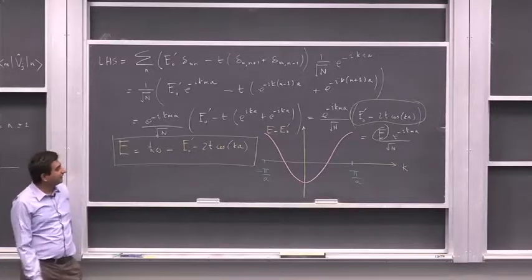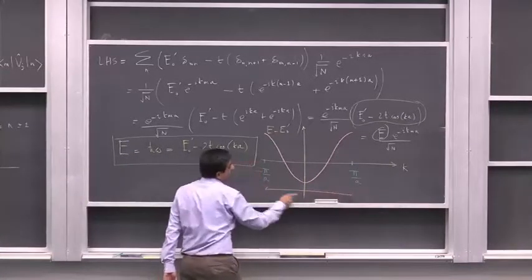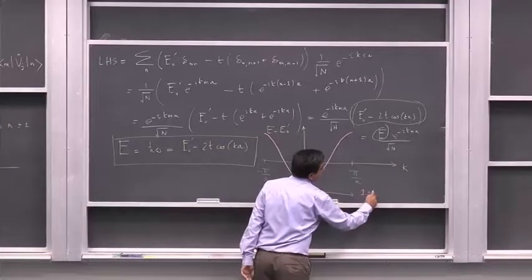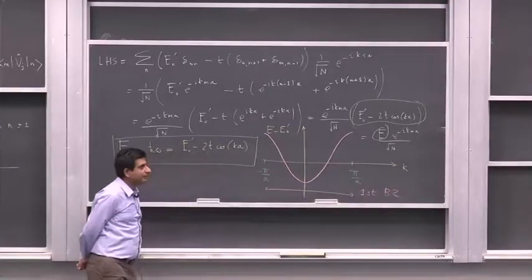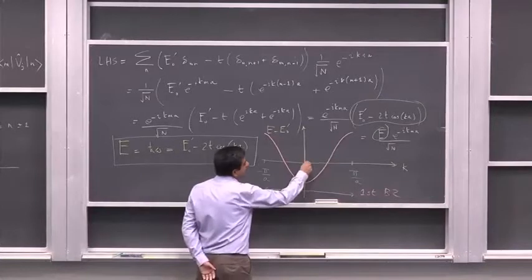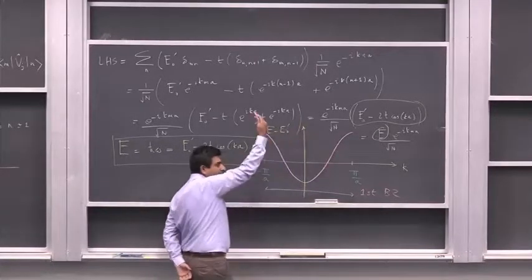Now this is something really interesting. Remember, this is the first Brillouin zone. And these are all the possible K values. And this is how, with the K values, the energy is going to change for the system.